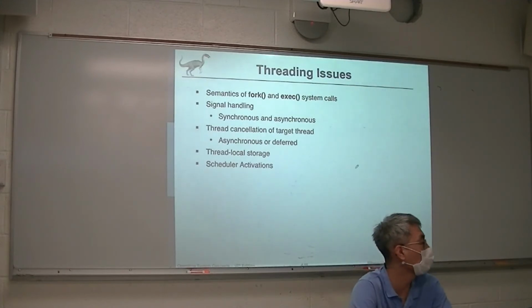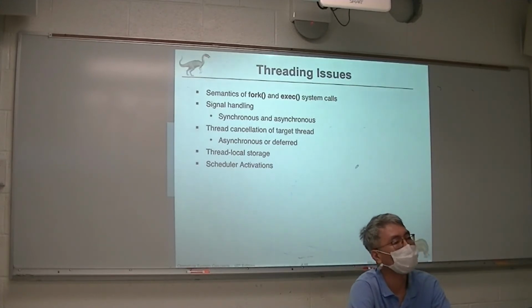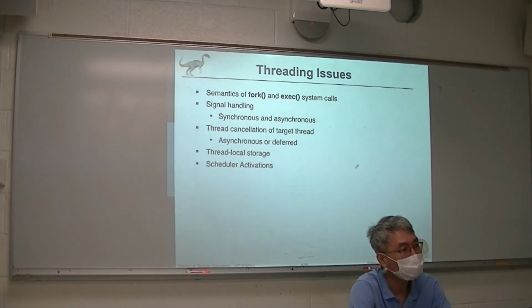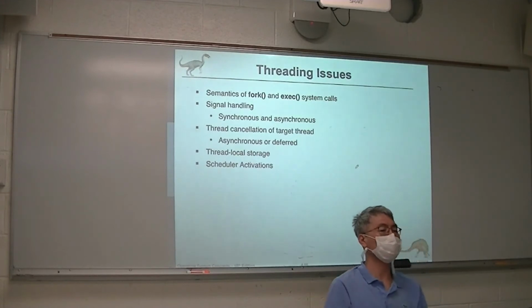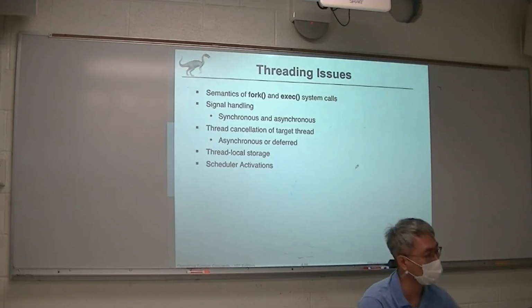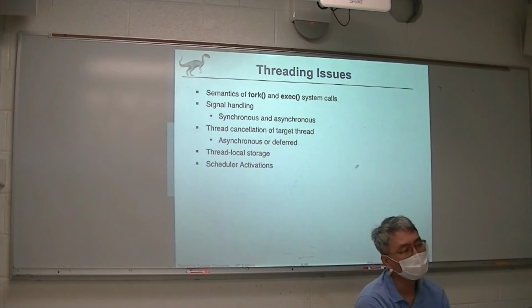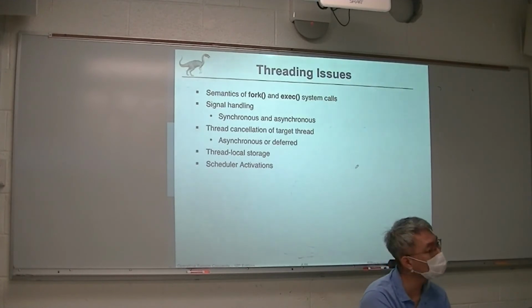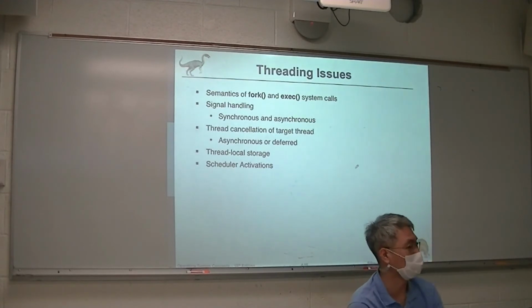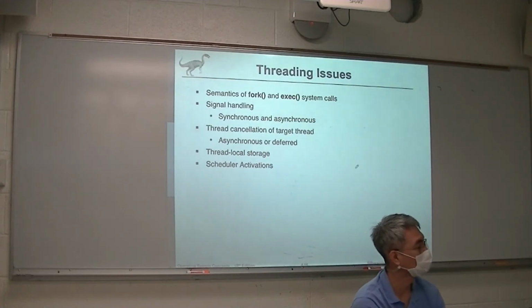So definitely it's different from the data structure used in processes. The first issue is fork and exec. What if you run the system library fork and exec on your thread? Does it work or not? Think about the fork.